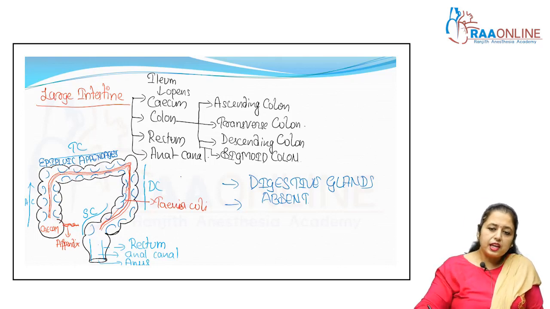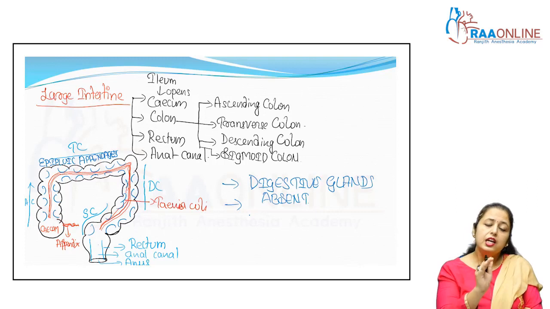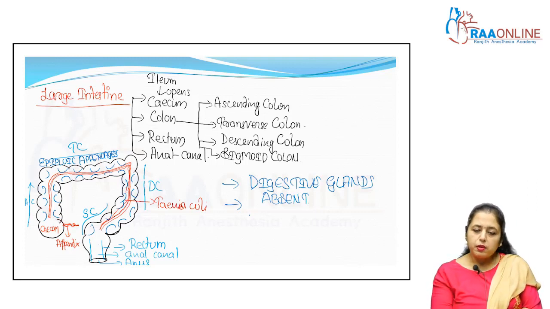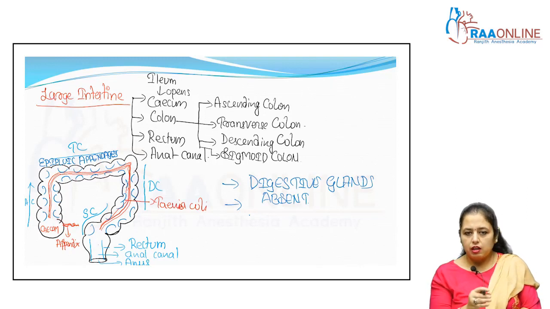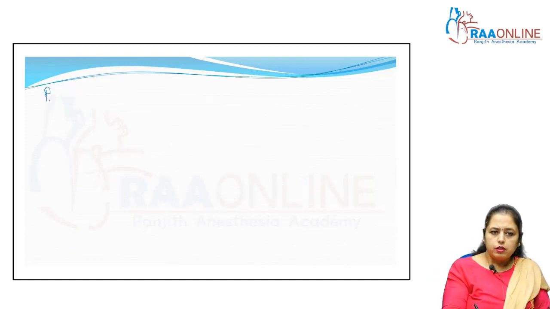Clear? So there is no digestion and no assimilation in the large intestine; complete digestion occurs in the small intestine, right? So in that manner, we study the whole digestive system. When food gets mixed with saliva, it is called the bolus.